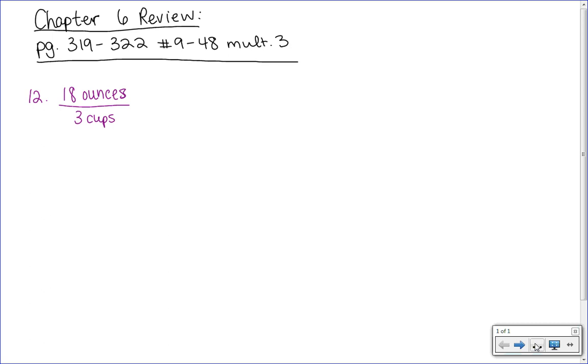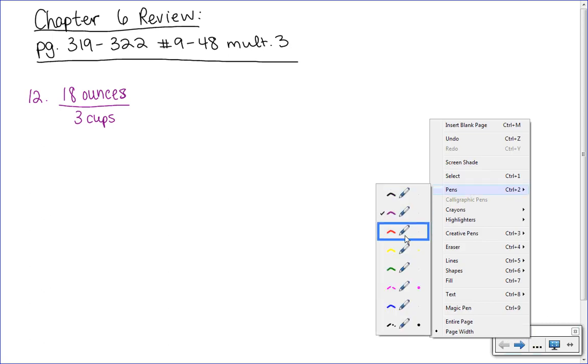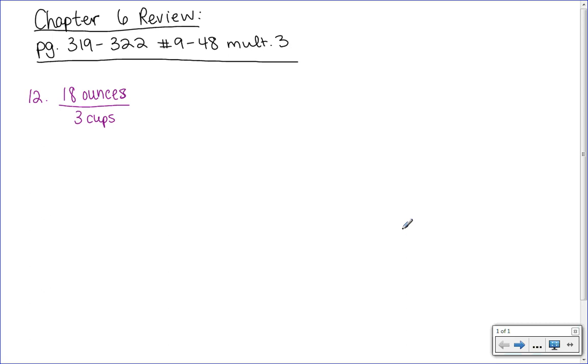And since ounces and cups are both units of liquid measurement, we can actually change these so that they have the same units. So you may want to flip to the chart at the back of your book to see what the conversions are. And in the back of the book, it says that 1 cup is equal to 8 ounces.